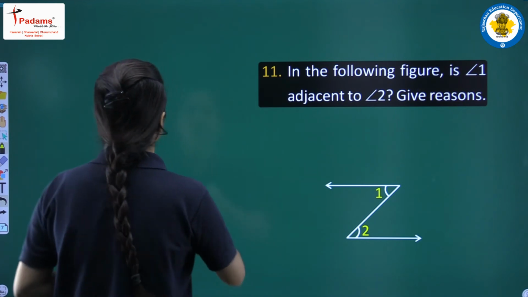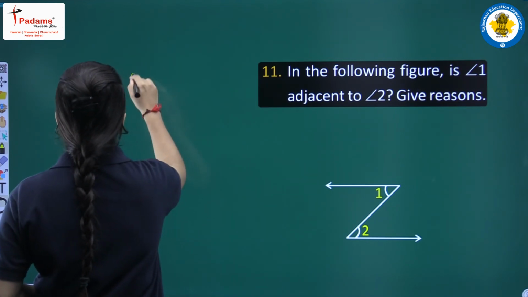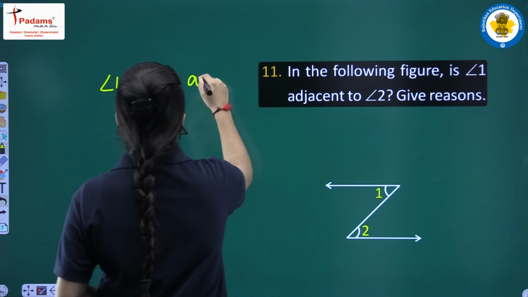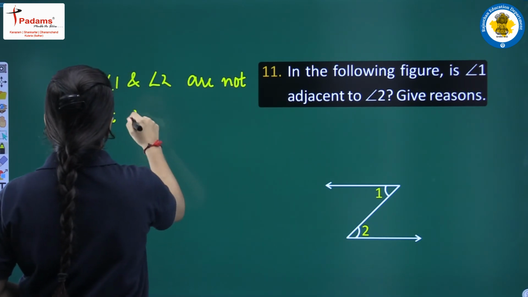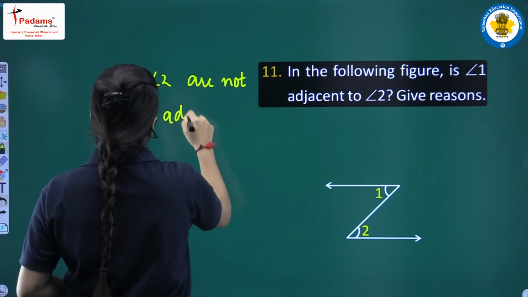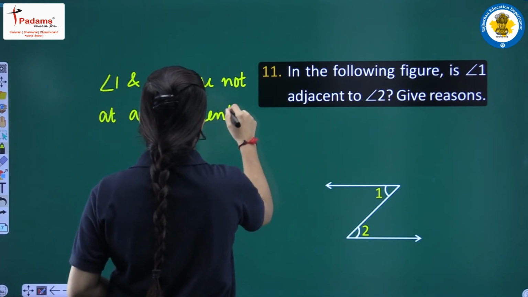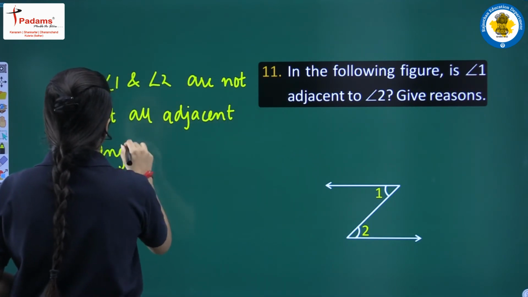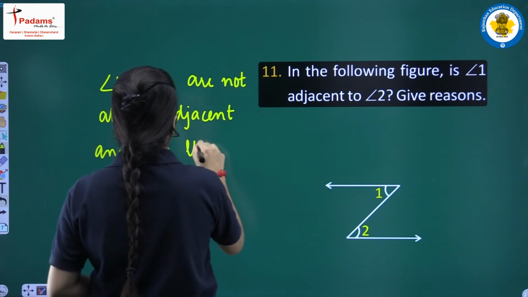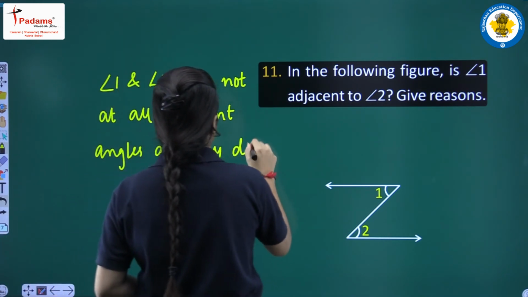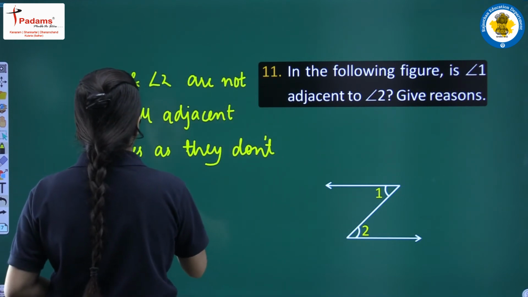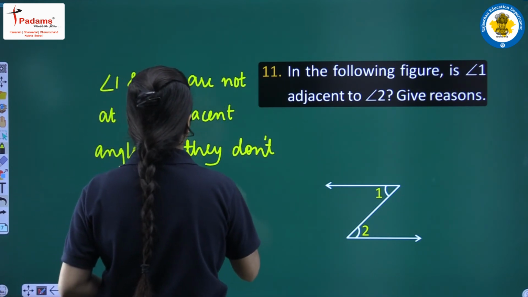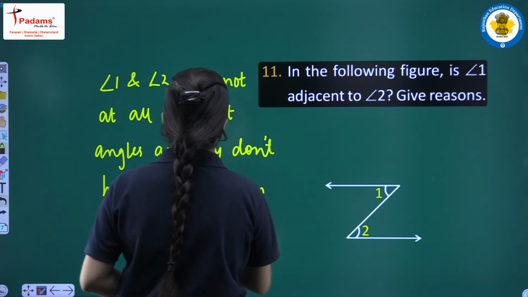Write it down as angle 1 and angle 2 are not at all adjacent angles, as they don't have any common vertex.